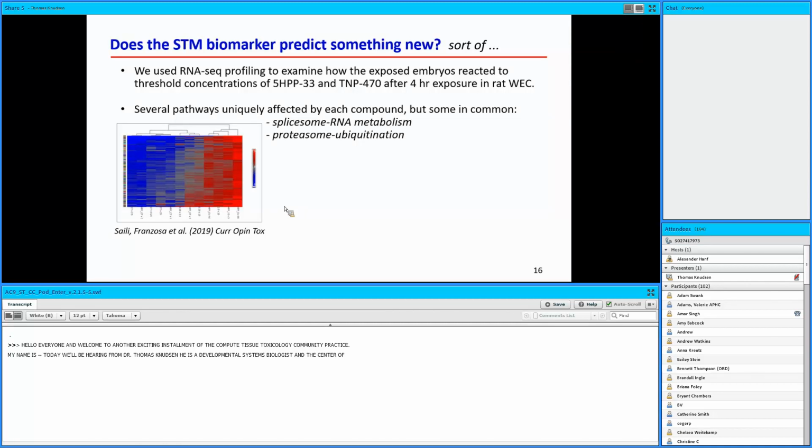So from that same experiment, we took the embryos that were exposed to that threshold level and concentrations just above and below, and used RNA-seq profiling to examine how the exposed embryos reacted to the threshold concentrations of either compound. And this was measured after only 4 hours exposure in the embryo culture model in Ed Carney's group.